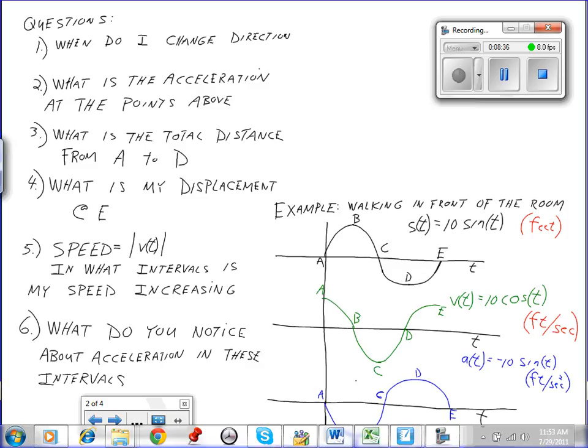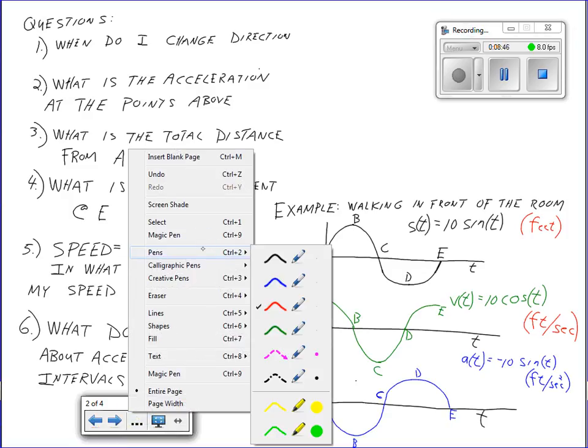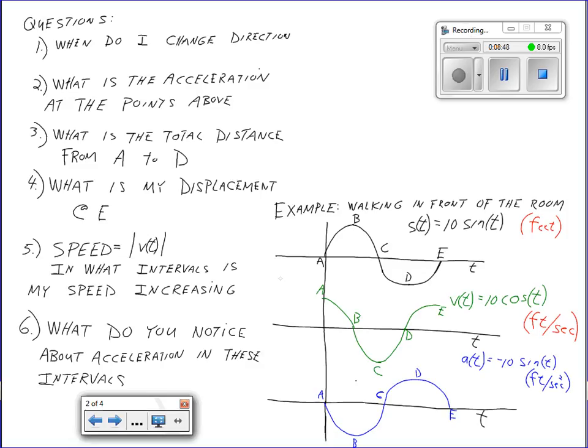Okay, welcome back to our study of particle motion. Here I'm putting the whole thing together, in that I've used a function to model my motion. I'm modeling my position with this function here. I take the derivative of position, or displacement, to get my velocity, which tells me how fast I'm moving and in which direction. It has feet per second as units.